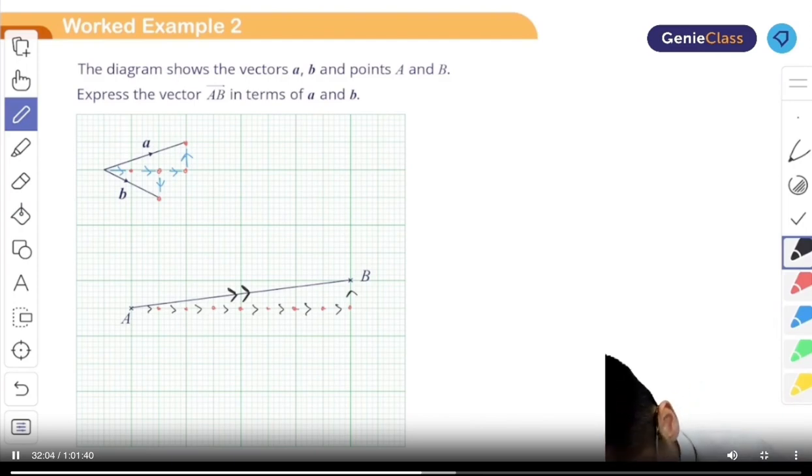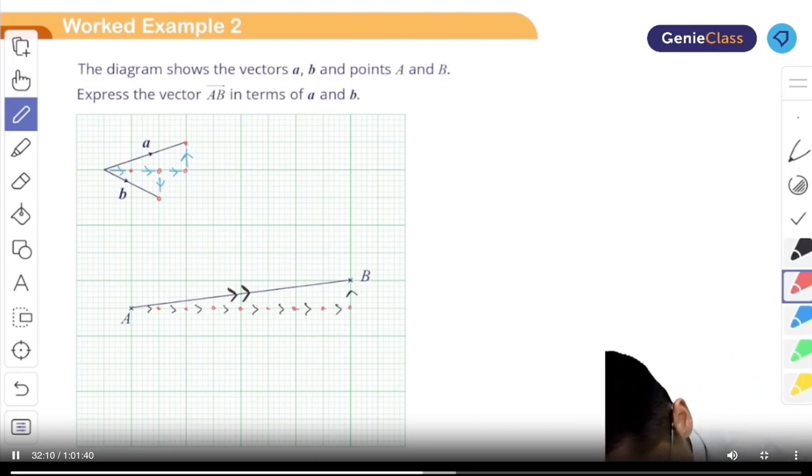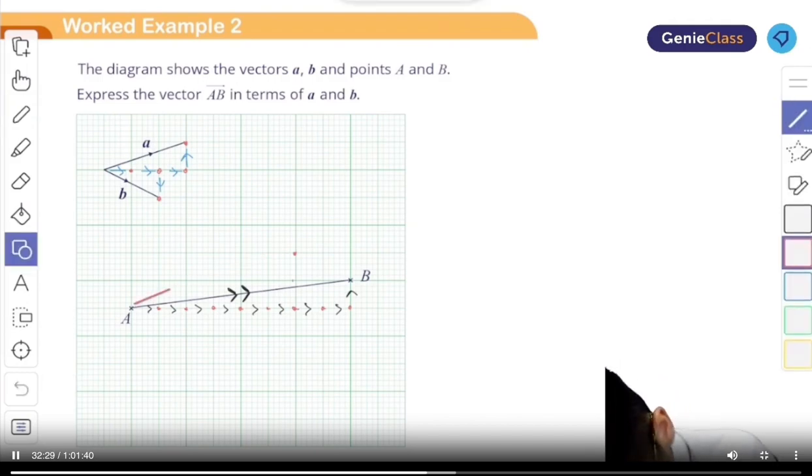So 6 forward: 1, 2, 3, 4, 5, 6. And then let me draw 1, 2 up. So 2A should be here. I hope you all can visualize. Let me just use my line over here.